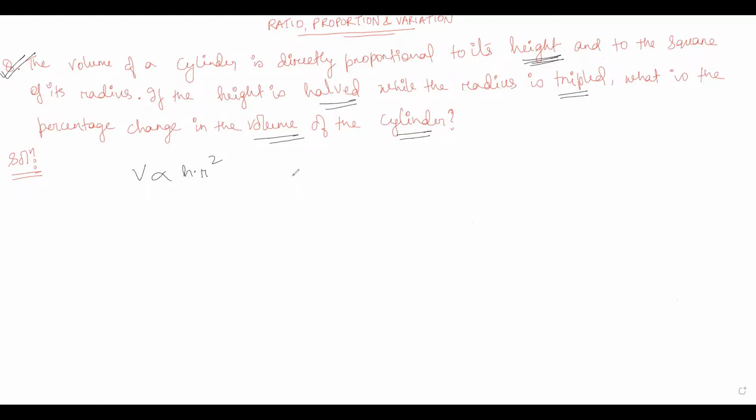So if I consider the new volume to be V2 and the original volume to be V1, so V2 by V1 can be written as H2 into R2 square upon H1 into R1 square, where H1 and R1 are the initial height and radius of the cylinder and H2 and R2 are the new height and radius.